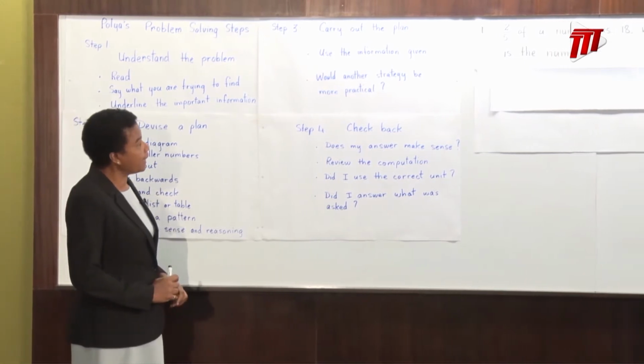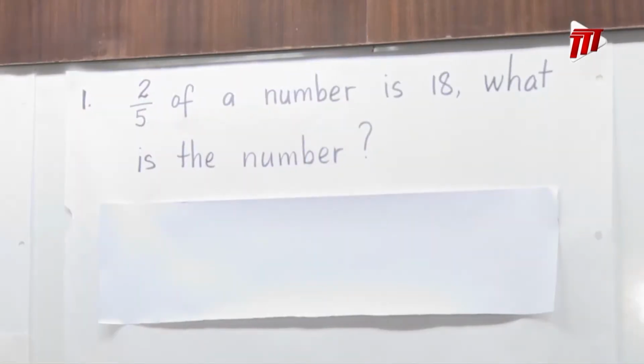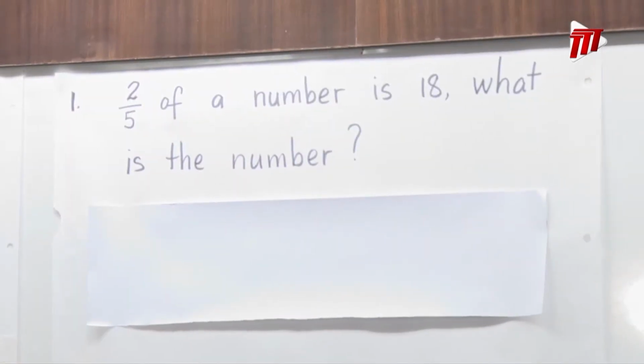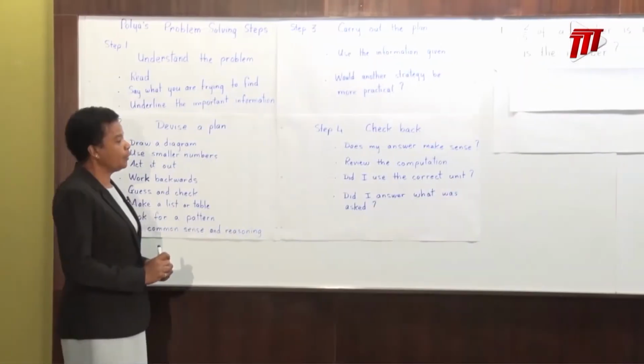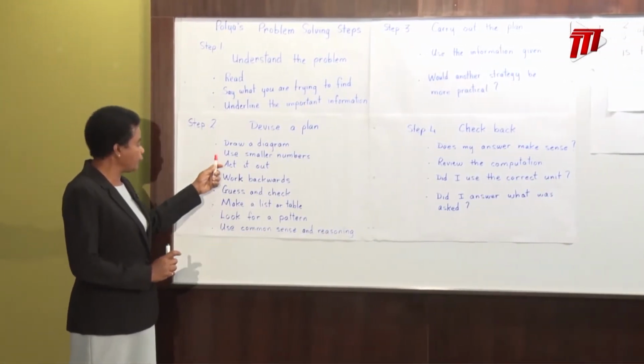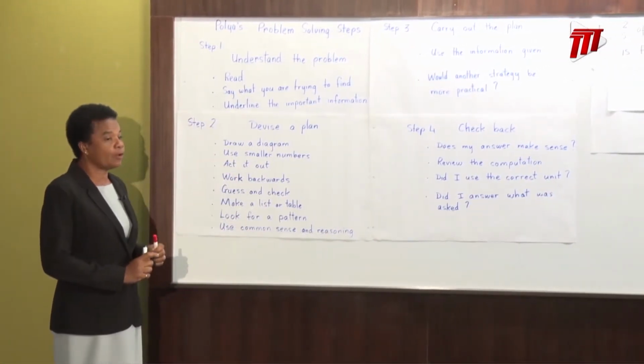So let's read it again. 2/5 of a number is 18. What is the number? Do we understand what the question is asking us? The number, obviously, has to be more than 18.